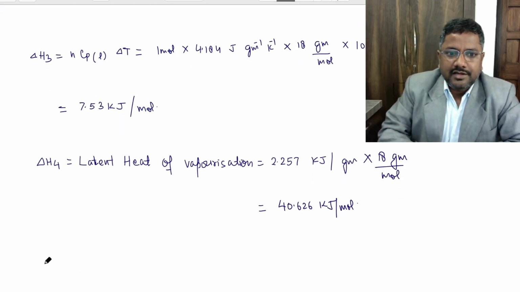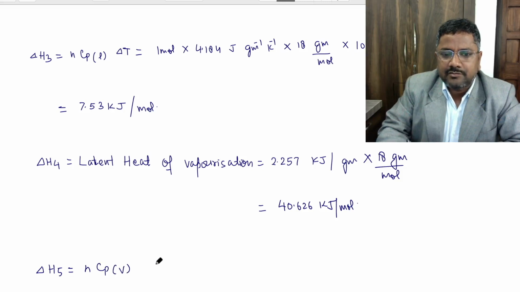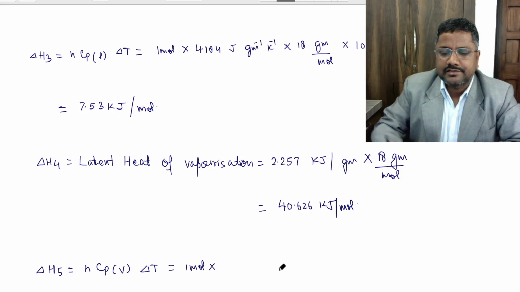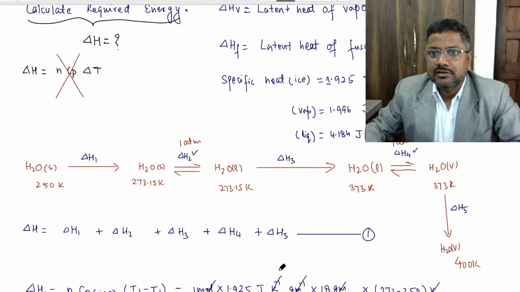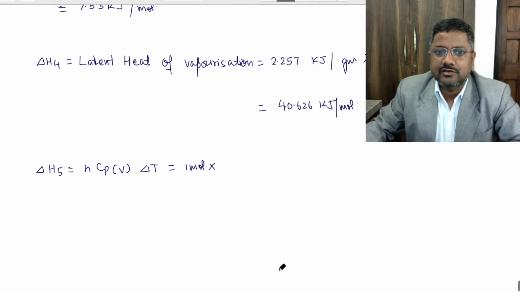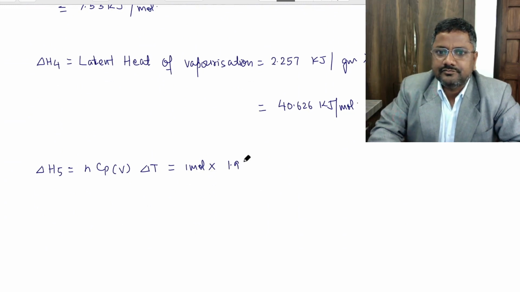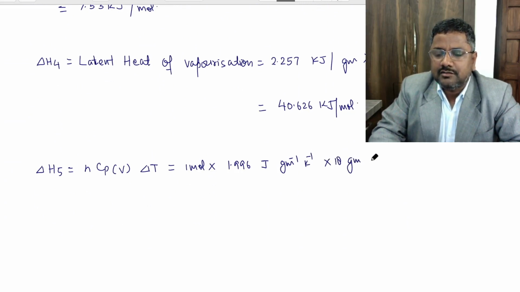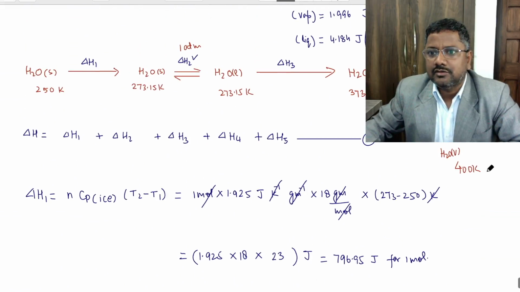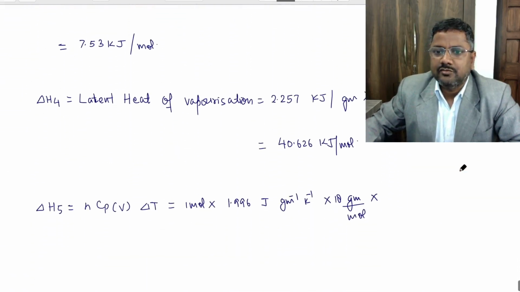Now delta H5, further heating, right? So n Cp, this time Cp of vapor you have to take, and delta T. So this is equal to 1 mole, and Cp is given as 1.996 joules per gram per Kelvin multiplied by 18 grams per mole, and delta T. So 400 minus 373.